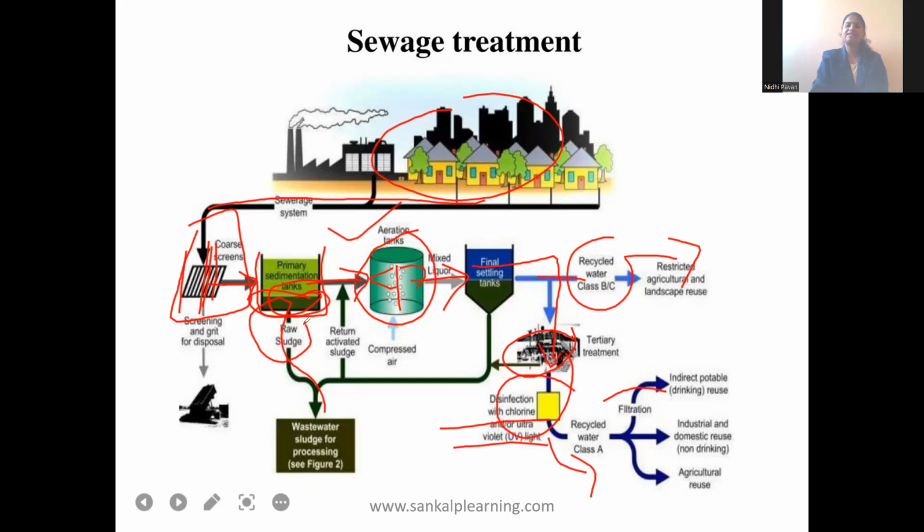So this is how waste management can be done, and this is how we can prevent the environment from garbage or waste, and prevent directly or indirectly soil pollution, air pollution, as well as water pollution. So this is about the chapter called our environment.